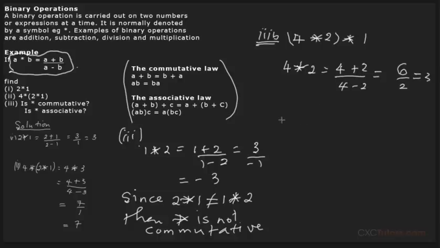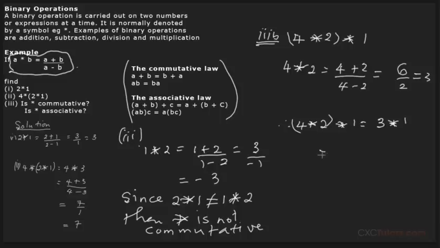So we are now trying to find the value of 3 star 1. Why 3 star 1? Because 4 star 2 star 1, like this, is the same thing as 3 star the value of 1, since 4 star 2 is 3.